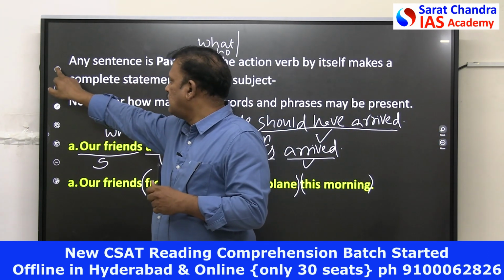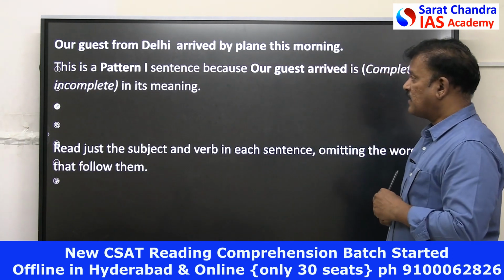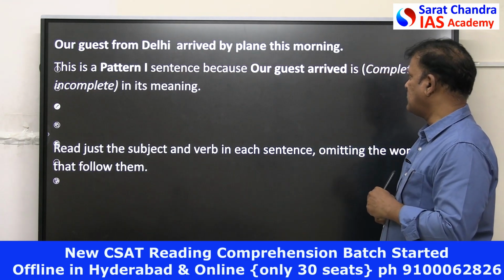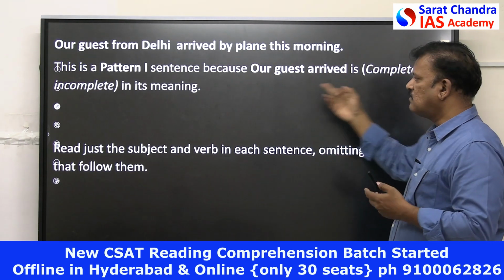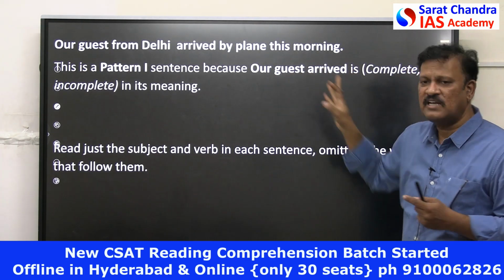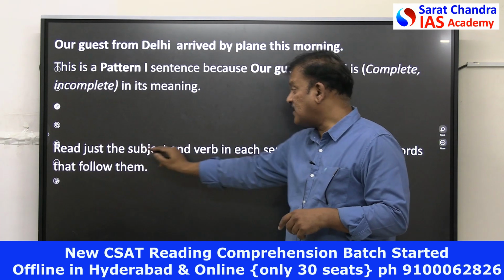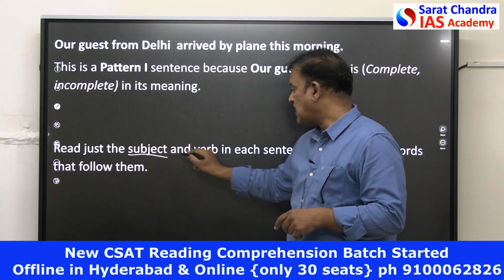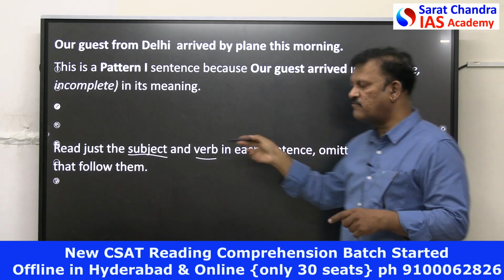Now, our guest from Delhi arrived by plane this morning. This is a pattern 1 sentence because our guest arrived dash in its meaning. Now you choose complete or incomplete. Complete, yes. Read just the subject and verb in each sentence, omitting the words that follow them.